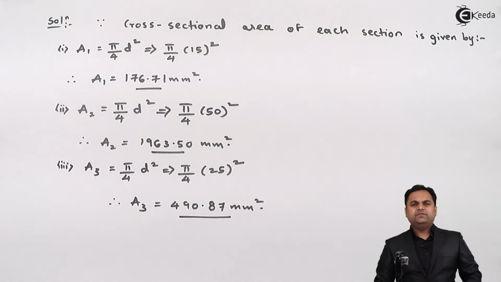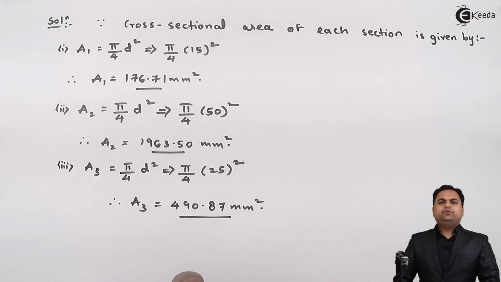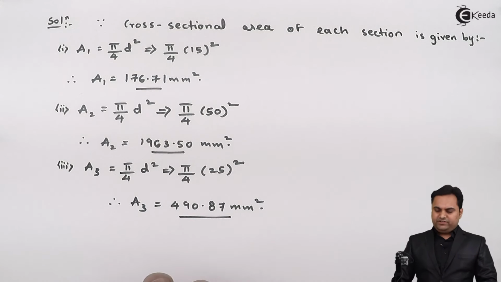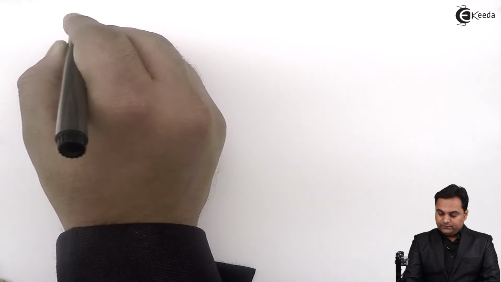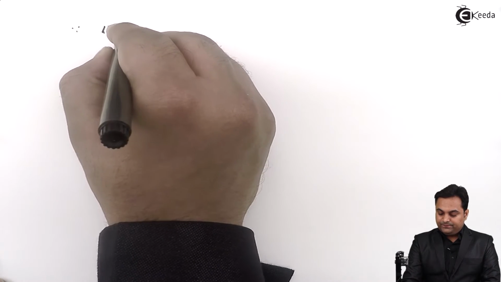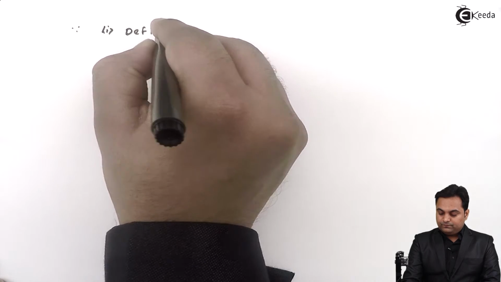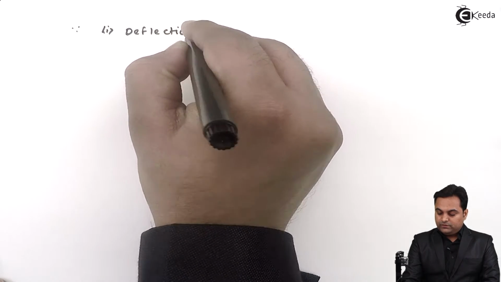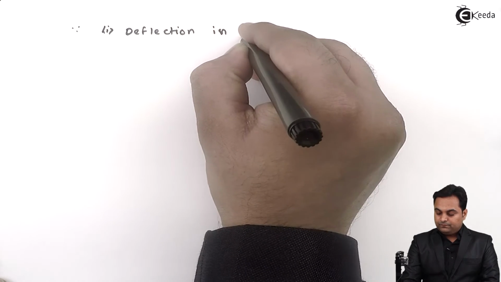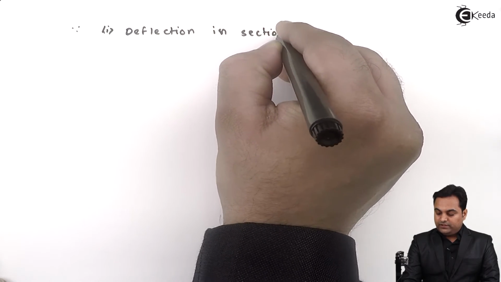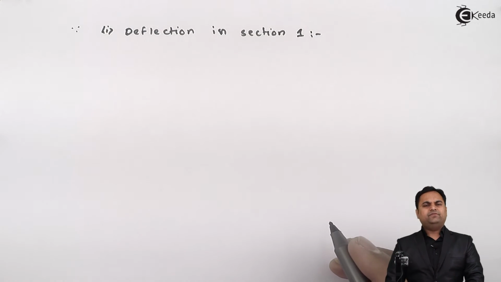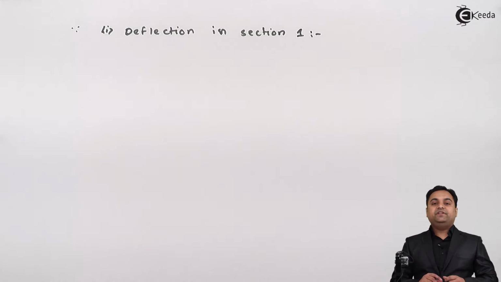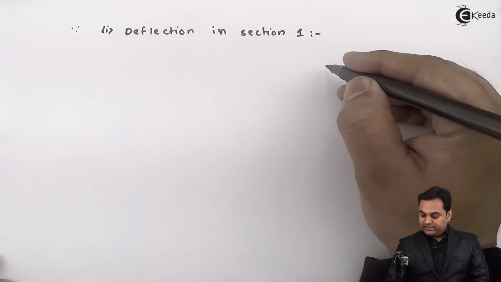Now after getting individual areas, we are going to find the individual deflections. So since deflection in section 1 is having diameter of 15 mm and it is 1500 mm long, I'll draw the diagram for that.